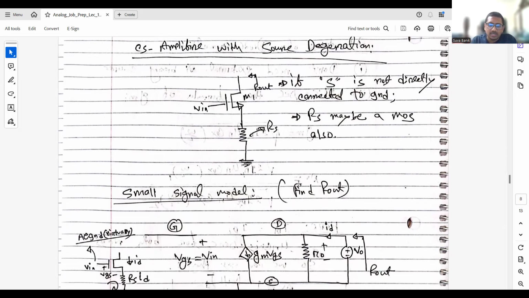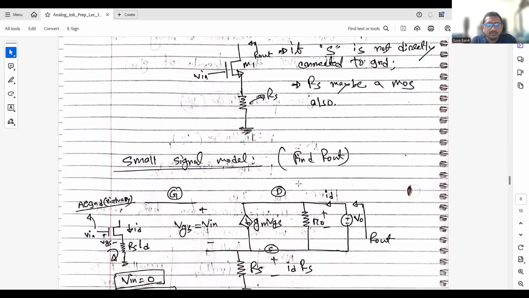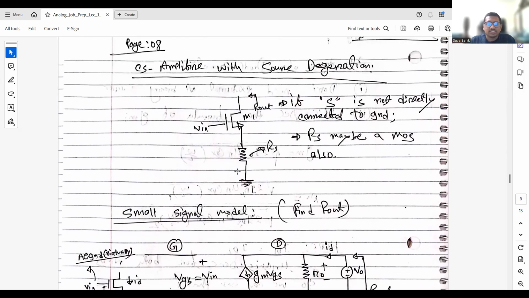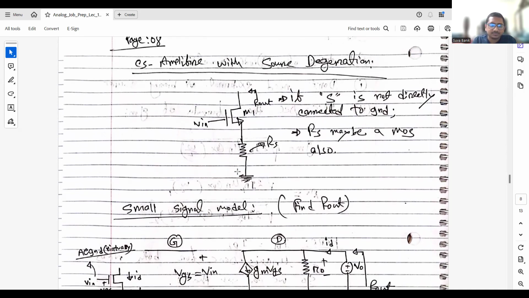For simplicity, I will not explain everything, but I'll explain one thing: whenever the source is not directly connected to ground, there may be a resistance or a transistor. So this type of configuration is called source degeneration.